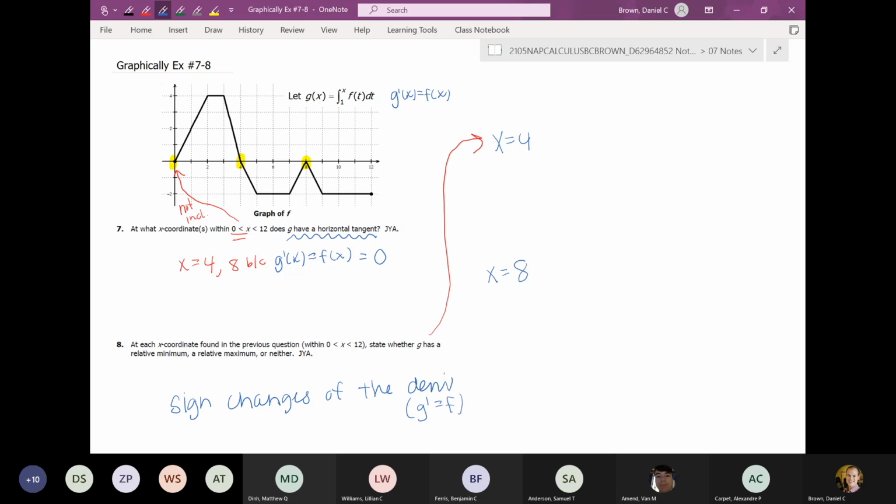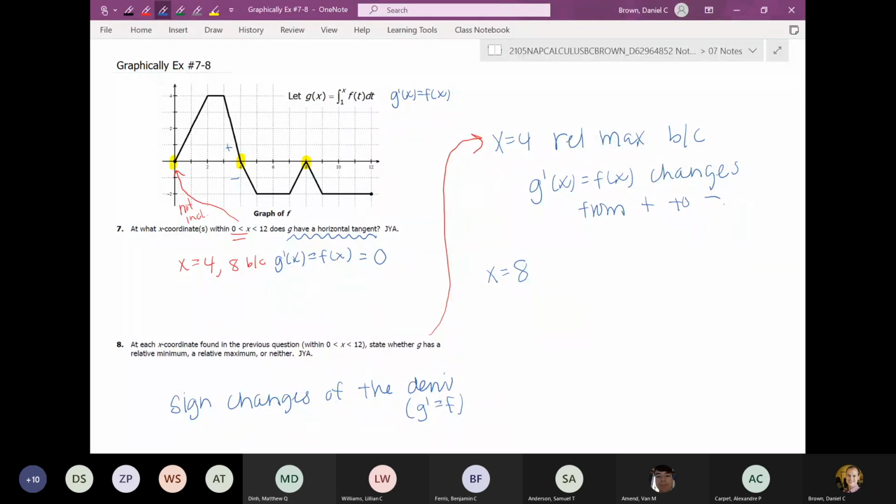So if I'm looking at 4, I see that f goes from positive to negative. Well, if f goes from positive to negative, then g prime is going from positive to negative. So I know that x equals 4 would be a relative maximum. How do I know that? I want to clearly state that g prime is the same thing as f of x, and then that it's a maximum because it changes from positive to negative.